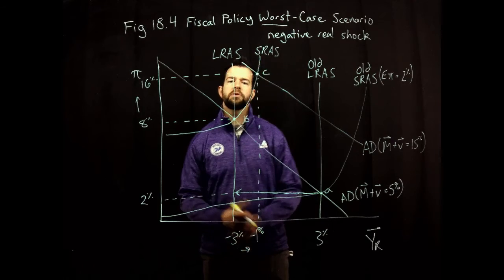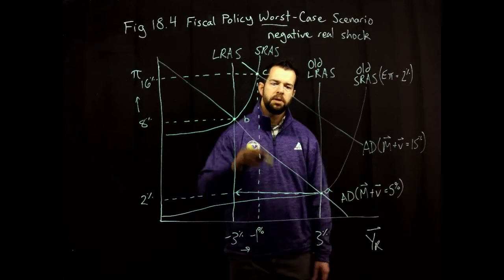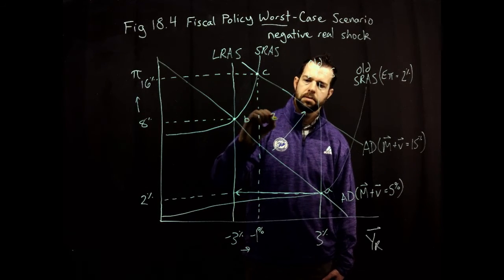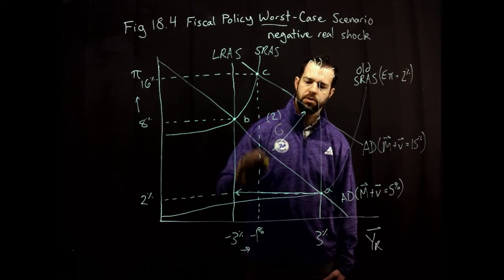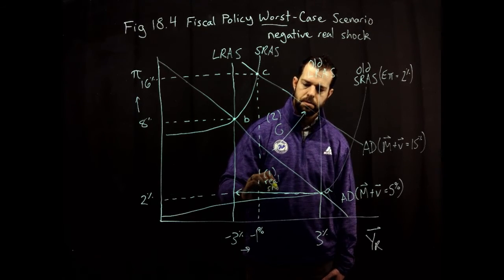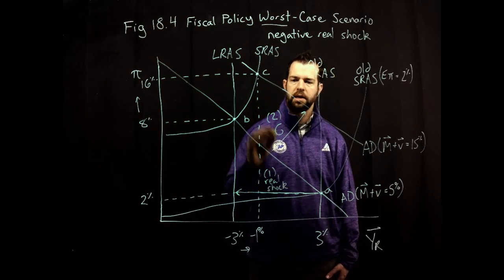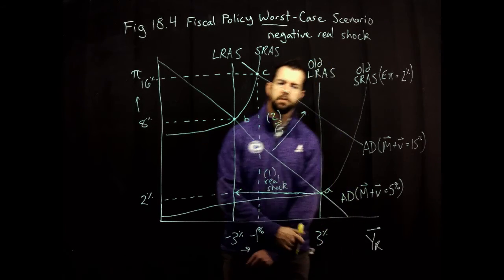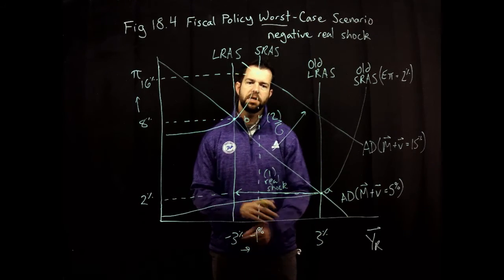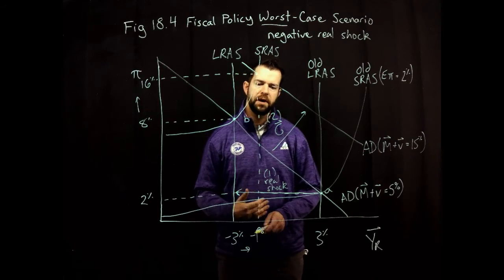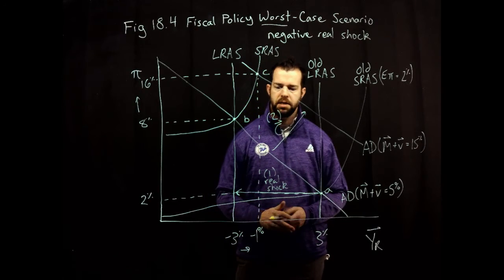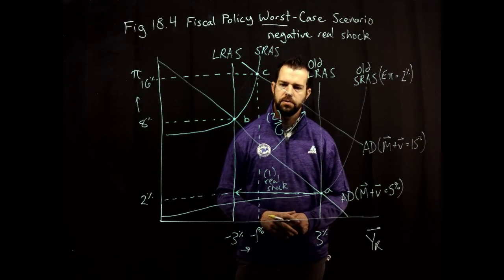Now, what is some of the rationale behind this? Okay, so remember what we're doing here is we're increasing government spending. So in the first period, we have a real shock, and we respond to it by increasing government spending growth. Okay. Now, if this was a strong multiplier effect, then we could have a big increase in real GDP growth in the short run.